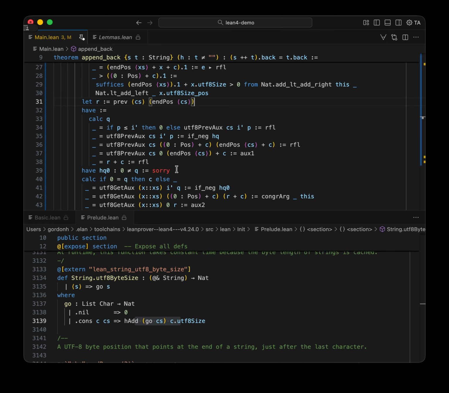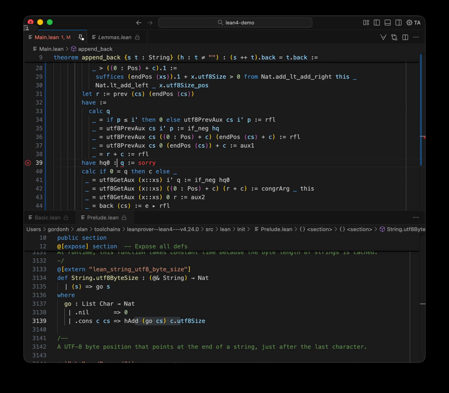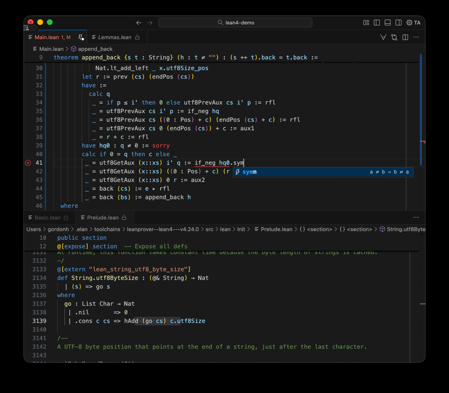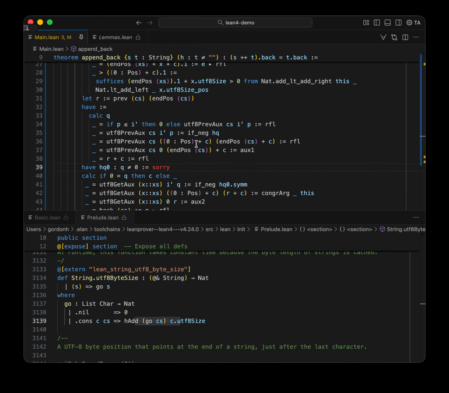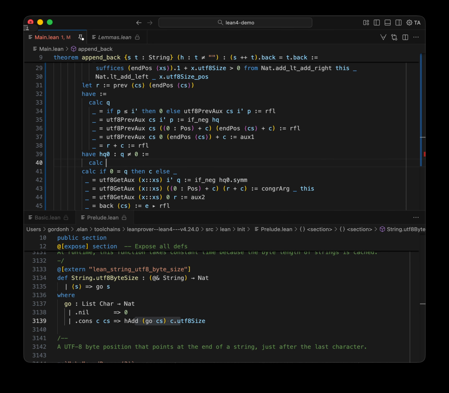Okay, what I want to do is let's make this easier to prove by having 0 on the right hand side. Similarity calc.